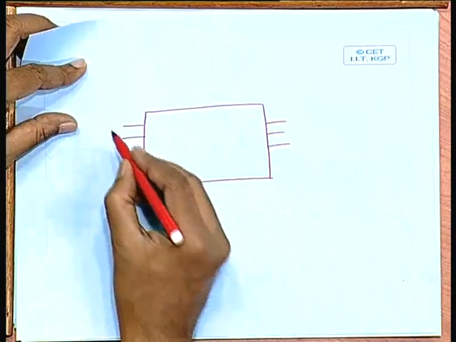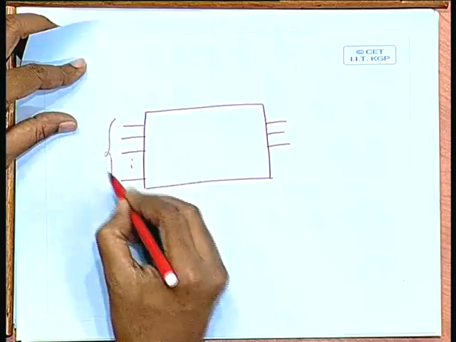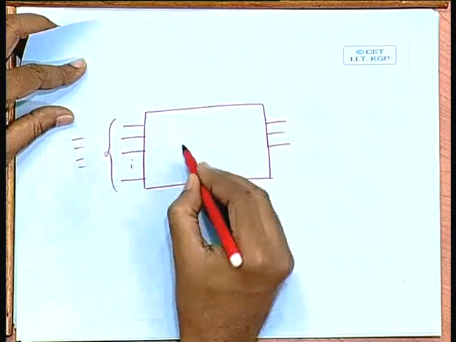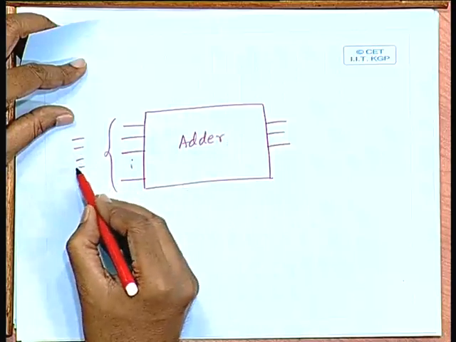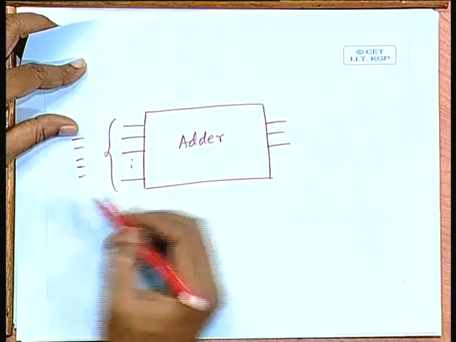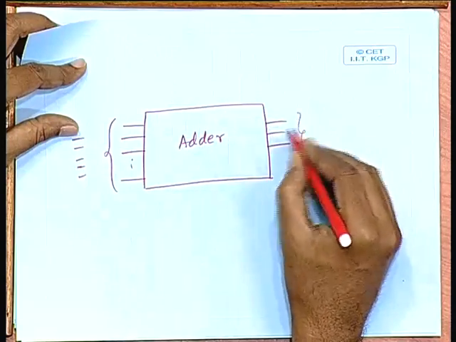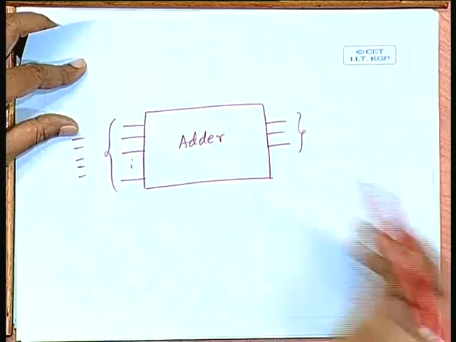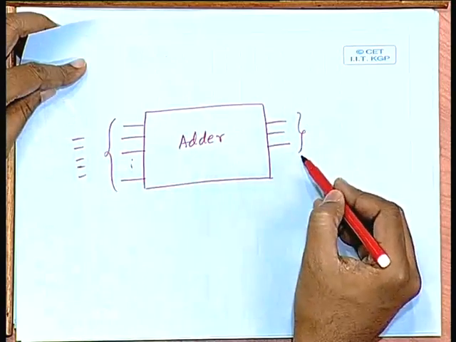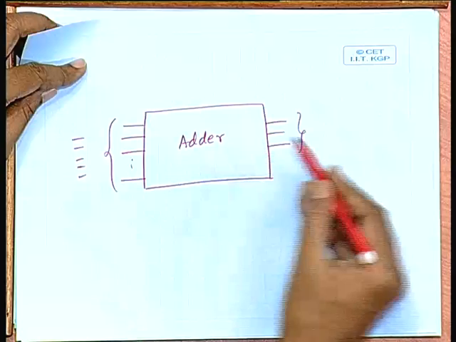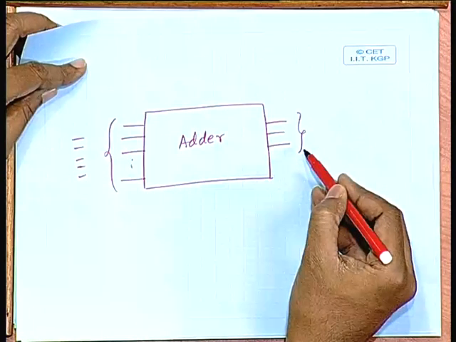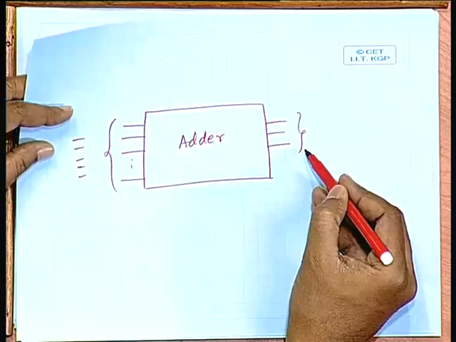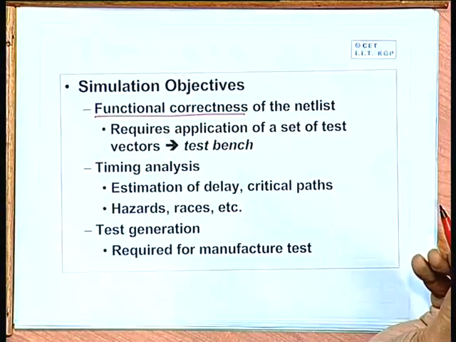Through simulation I can apply a set of inputs to it. Suppose this is an adder. I specify a set of input data and check whether the output result is coming as per the specification. If it is an adder, I know what the expected output is. For given inputs, I can verify what outputs are obtained and what outputs should have been obtained.